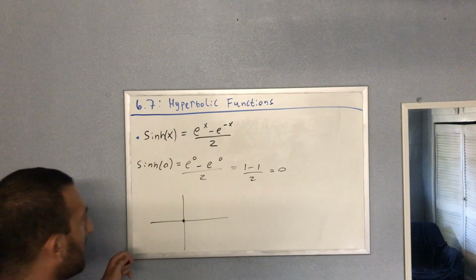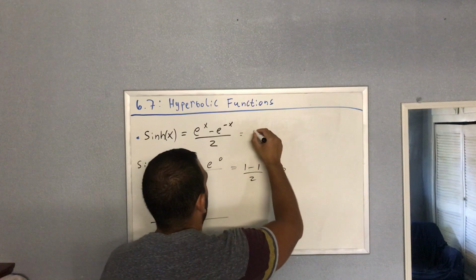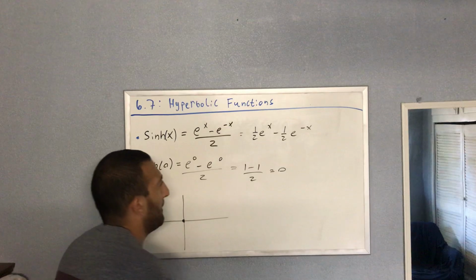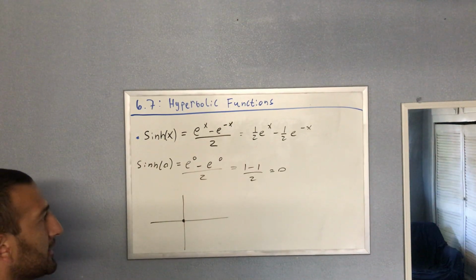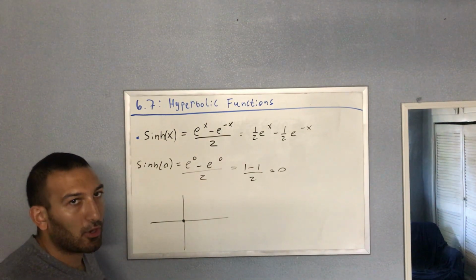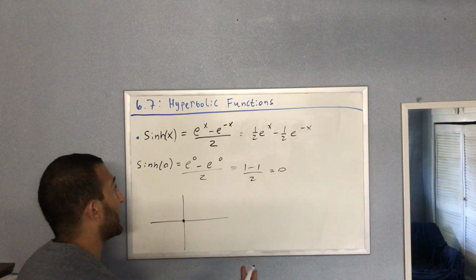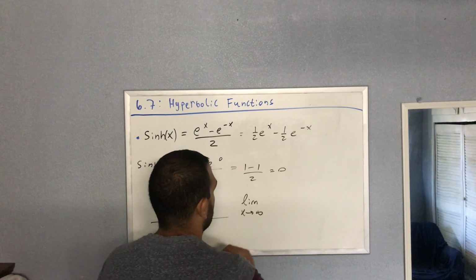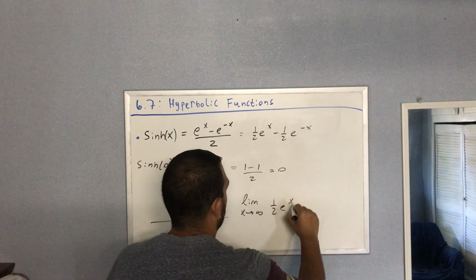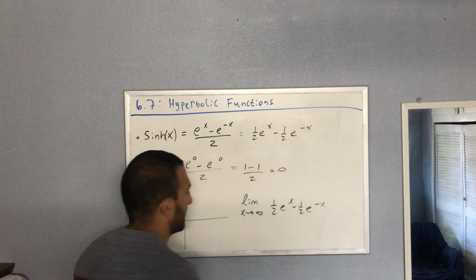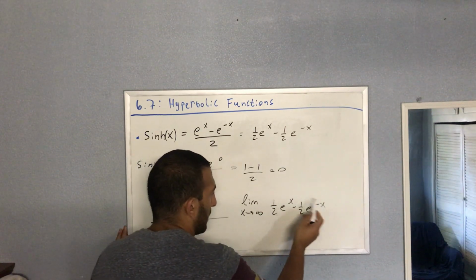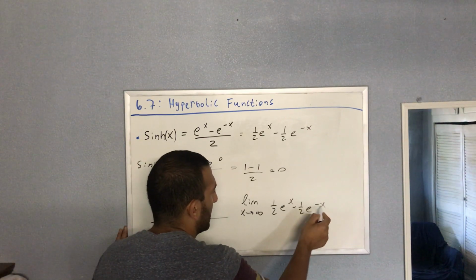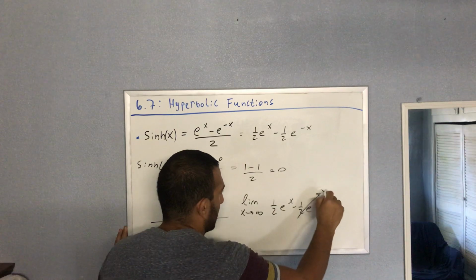And then if we rewrite this as 1/2 e to the x minus this guy, then we can see the behavior of the function for large positive values and for large negative values. What I mean by that is if you look at this limit, notice that this thing will go to 0, because if you plug in infinity here, we get e to the negative infinity like we talked about, that's 0.